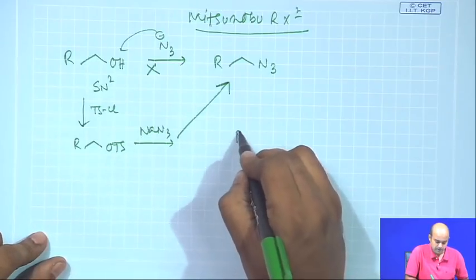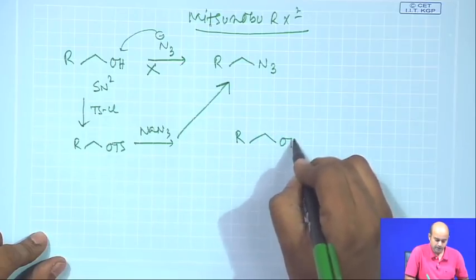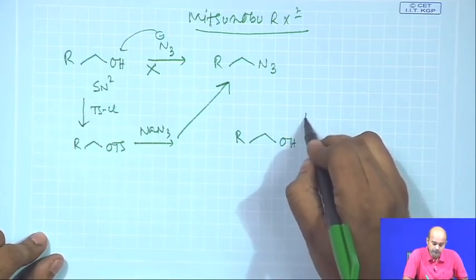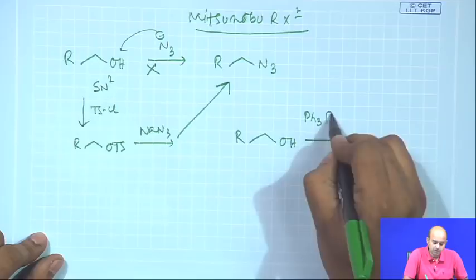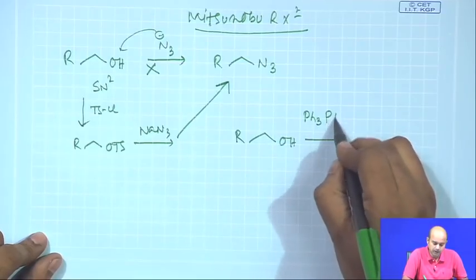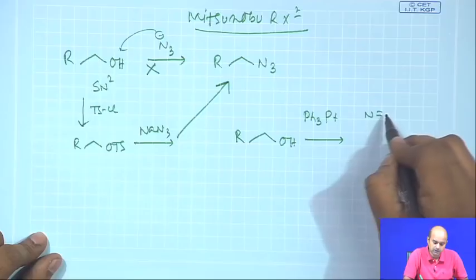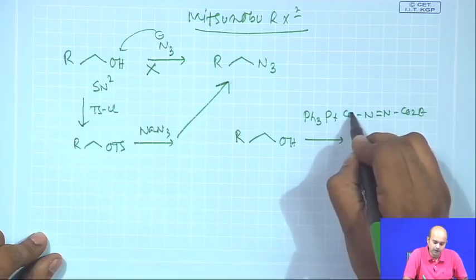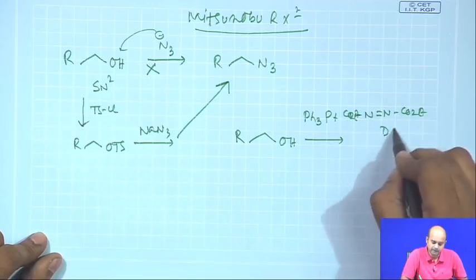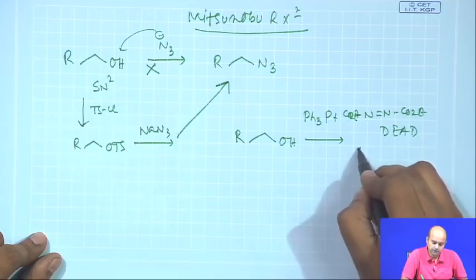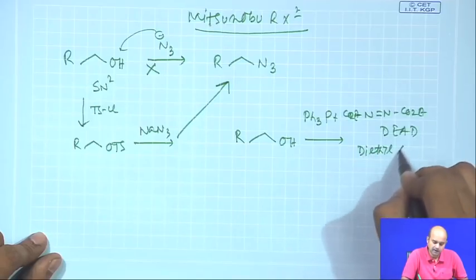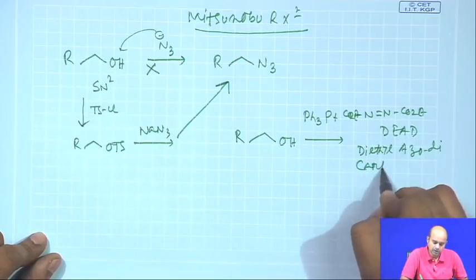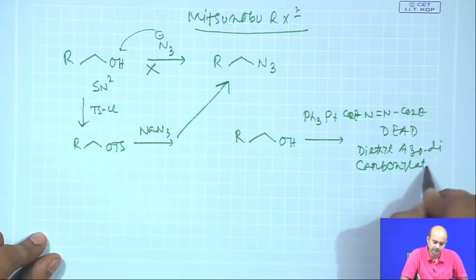Now, the Mitsunobu reaction can handle the situation quite well. In the Mitsunobu reaction, we are using a set of reagents, one is triphenylphosphine plus a reagent whose name is N,N-diethyl azodicarboxylate, which is abbreviated as DEAD.